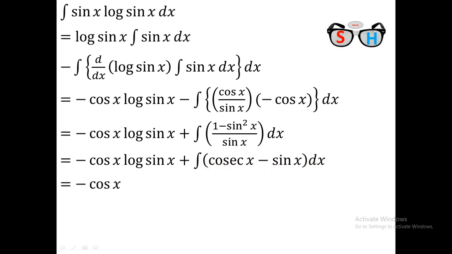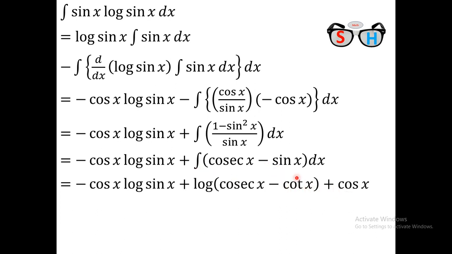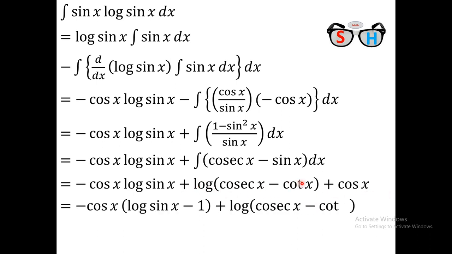Integration of cosec x, you know, is log of cosec x minus cot x, and integration of sin x is minus cos x. There is also another minus, therefore minus minus is plus cos x. Now from that relation, the first and last terms, we take common minus cos x. Therefore minus cos x into log of sin x minus 1, and this remains unchanged.